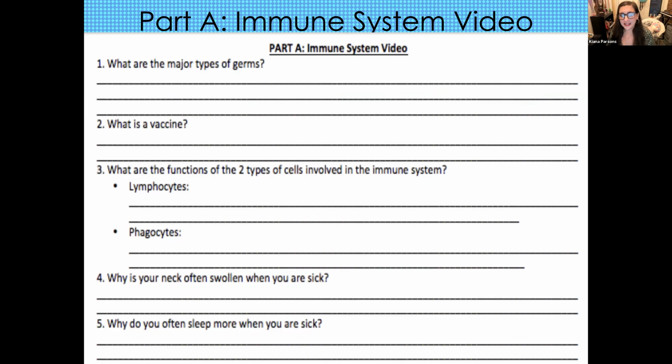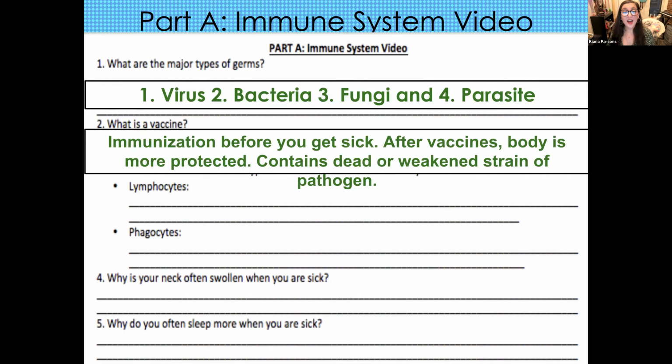So what is a vaccine? A vaccine is an immunization, a shot, typically that you get before you get sick. So after vaccines, your body is more protected because it has developed that memory in your immune system, right? Part of that adaptive immune response. So what is actually in the vaccine?